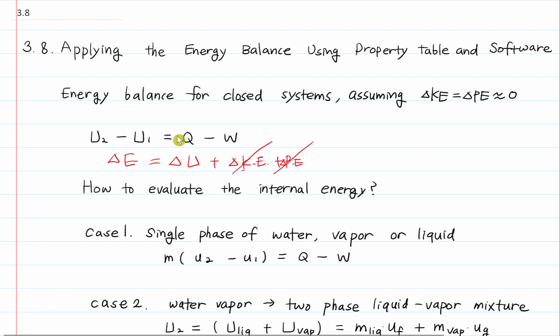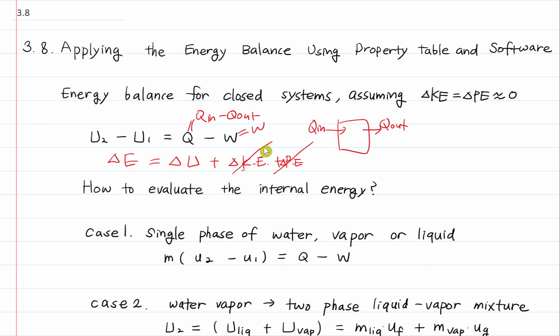So Q and W indicate the net energy transfer by heat and work, respectively. Q is Q in minus Q out. So some heat goes into the system and some heat goes out of the system.